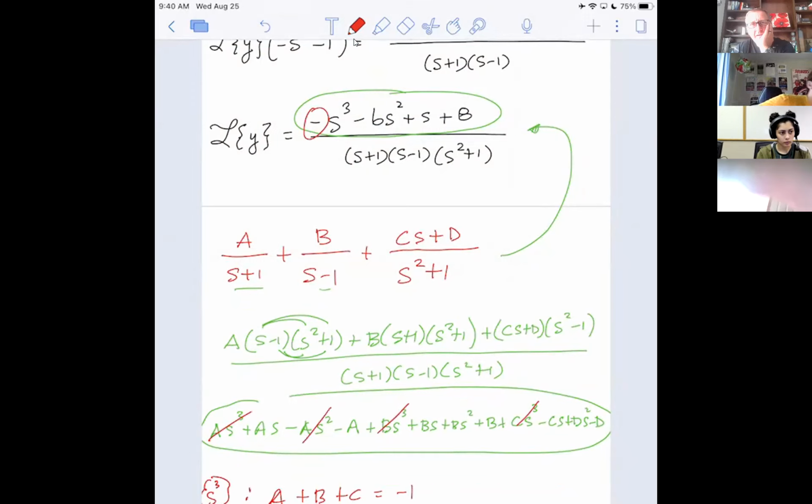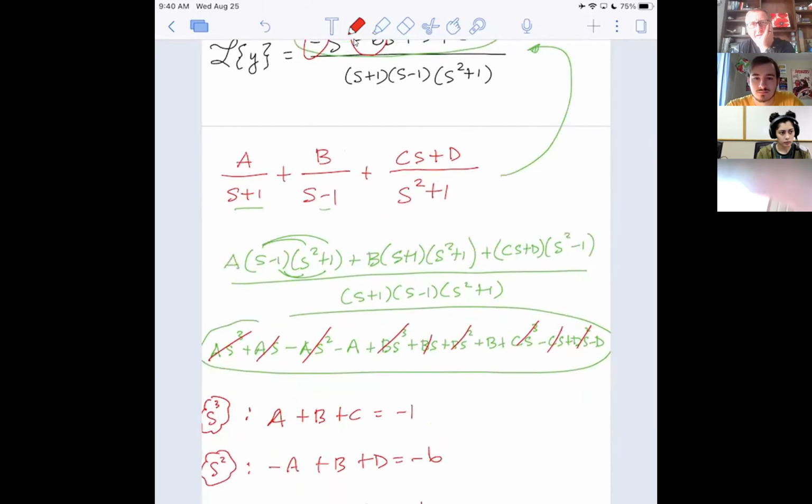I've got a negative As squared. I've got a Bs squared. I've got a Ds squared. And that's got to be equal to my s squared coefficient, which is negative 6. I've got s terms. I've got As. I've got Bs. I've got minus Cs, and that's it. And that's got to be equal to my s coefficient, which is 1.